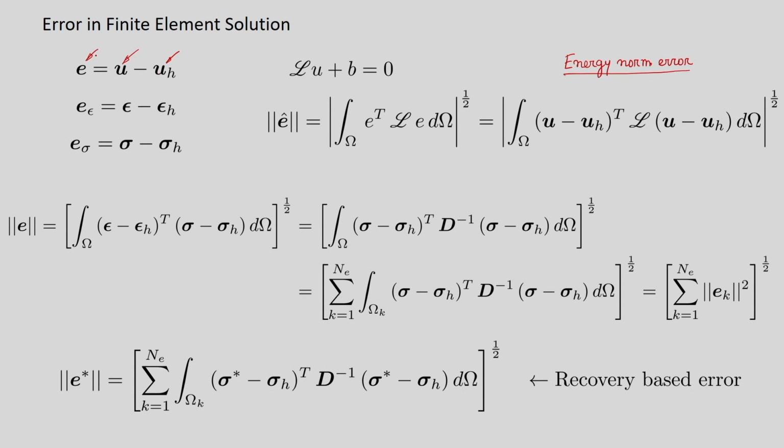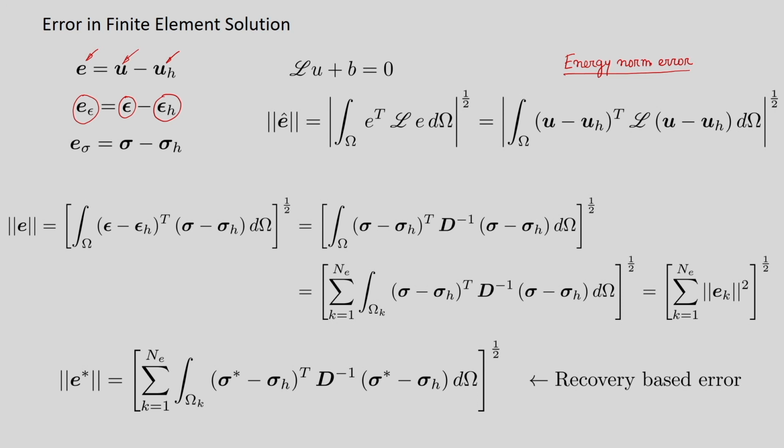So, u in this case, if it is the displacement vector, ux and uy, and so is u_h, the difference between them will be the error in ux and uy. So, it will be a vector e. Similarly, the difference between the exact strain and the strain obtained from the finite element solution we will define as the error in strain. So, that will also be a vector comprising epsilon xx, epsilon yy and epsilon xy components or corresponding errors.